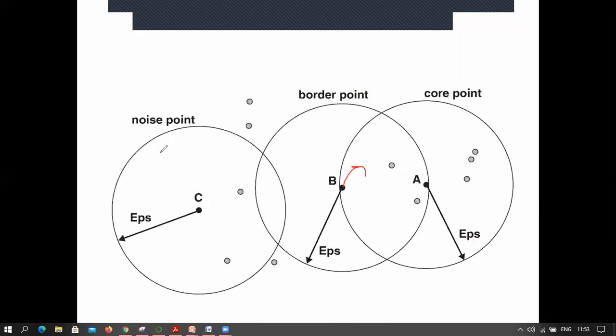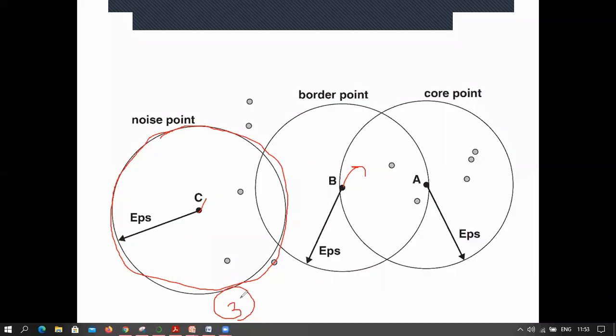Now take data point C. Again, draw one circle with radius epsilon. Again count the number of points within the circle: 1, 2, and 3. So it is not satisfying the minimum number of points condition.